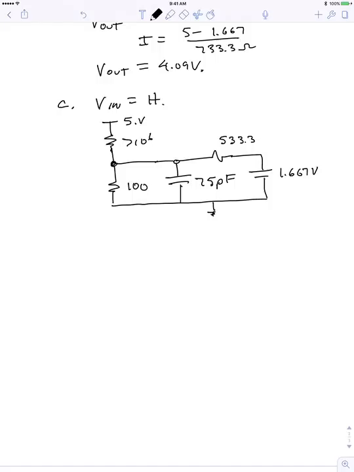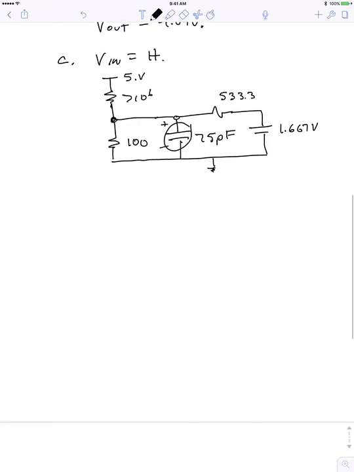And what we're looking for is the steady state output across the capacitor. So you treat the capacitor as an open and you look at the voltage. So that would be the voltage across the 100 ohm resistor. So you can get that by a voltage divider.